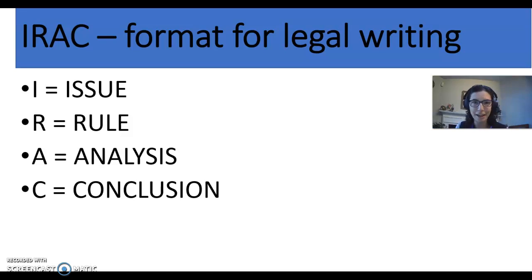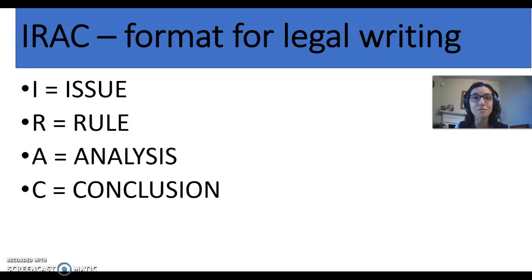Let me say it another way. Your discussion section of the memo, which is that section that I had open before where you could see cases cited in there, and that discussion section is where we take existing law and we apply it to the facts of our client's case, and that's where we do that legal analysis. There's a format for how to do it.